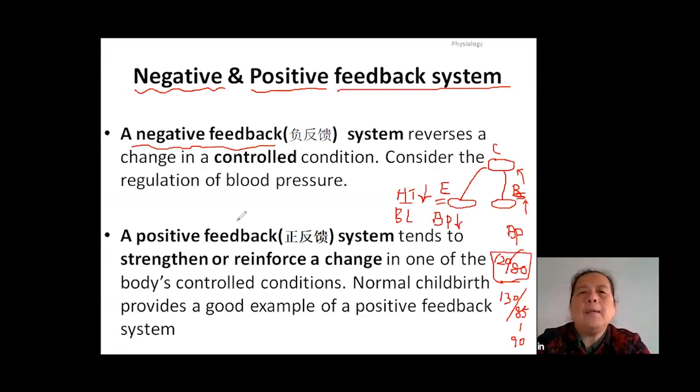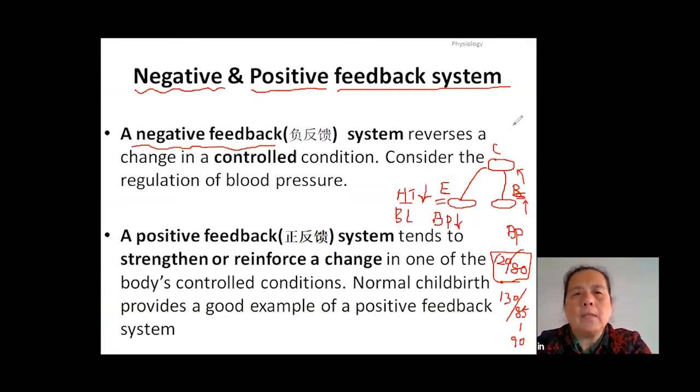So that means negative feedback systems just keep the internal environment balanced. Most of the body's control systems are like this, negative feedback systems, negative control.